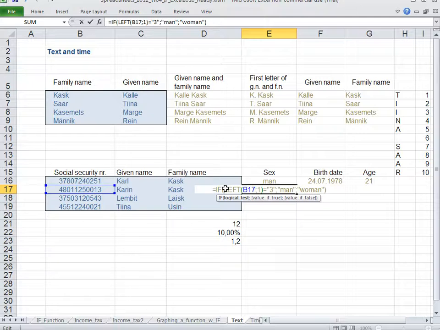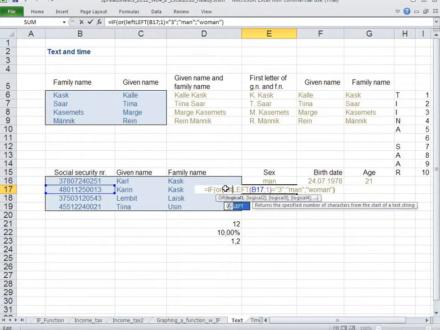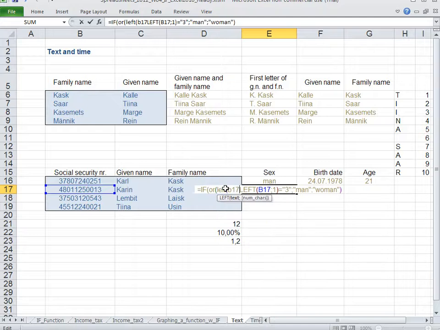In this case, the formula is going to use or, because we're going to check whether the first number is either 1 or 3 or 5 for a man. So it goes like this: or, parenthesis begin. We already have the first comparison, and in the end let's write a semicolon and continue.